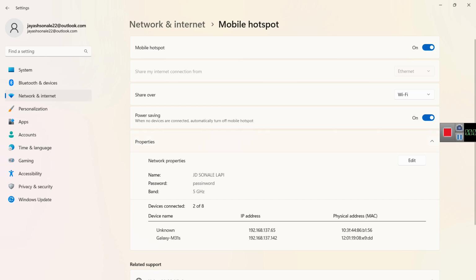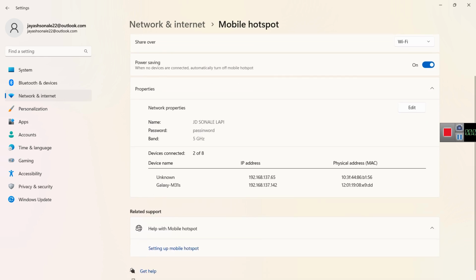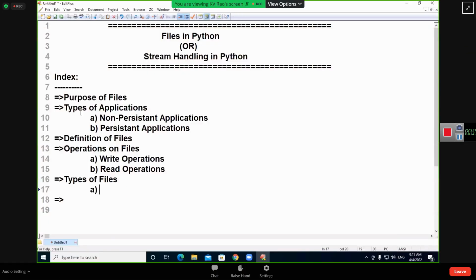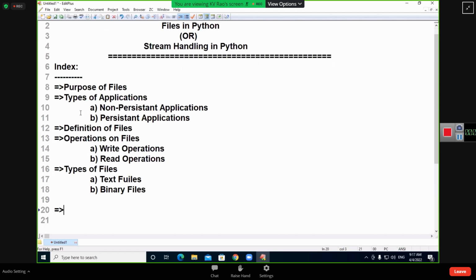Read operation. Next we are entering into another type of thing, types of files: text files, and next is called binary files. Text files and what? Binary files. That is the second part of it.